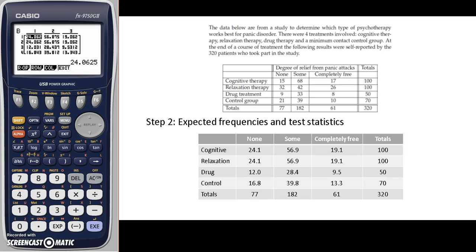If we had too many small values, we would need to amalgamate some of the cells. You can see your lecture notes for details of how to do this. Okay, because all our numbers are nice and high, we've got no problems there at all.